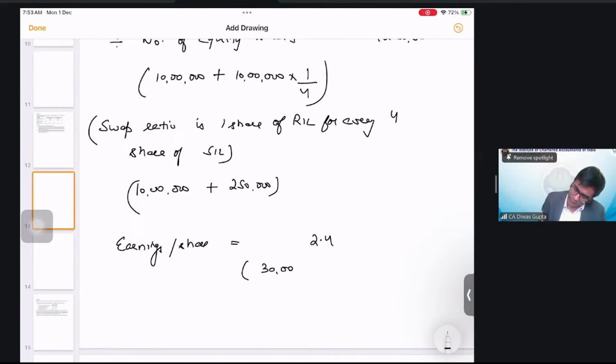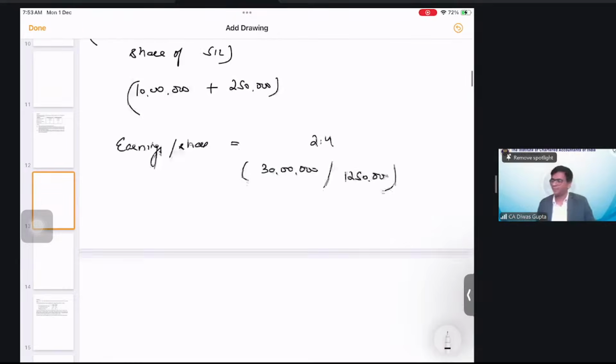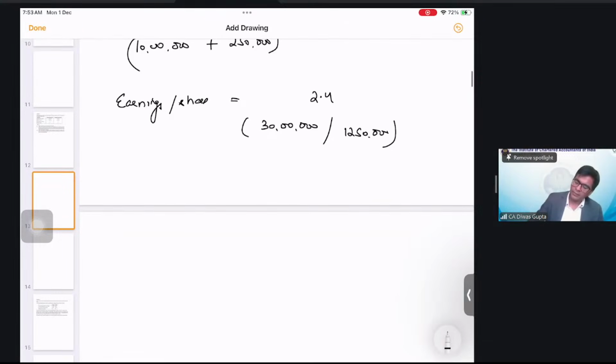Okay. How come 30 lakhs divided by 12,50,000? And hence the PE ratio using the RIL's PE ratio was 10.